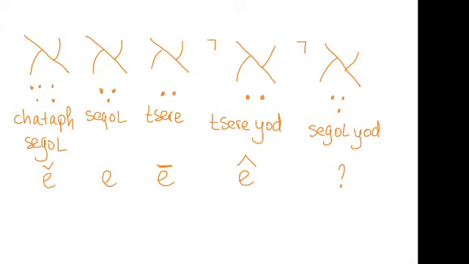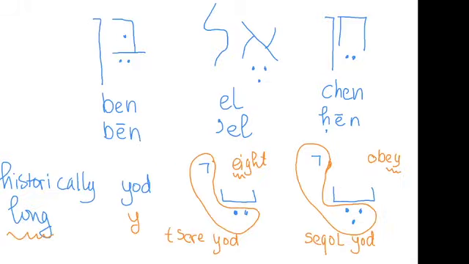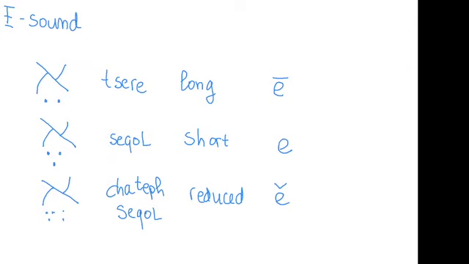So go back. The E sound. The Tzere, 2 dots, long, transliterated as an E with a line on top of it, called the Tzere.